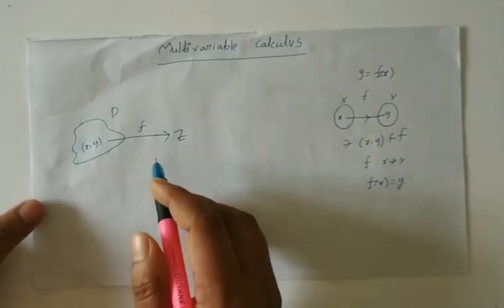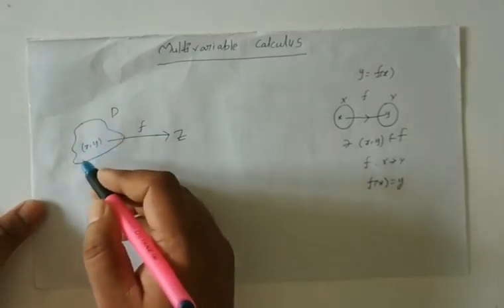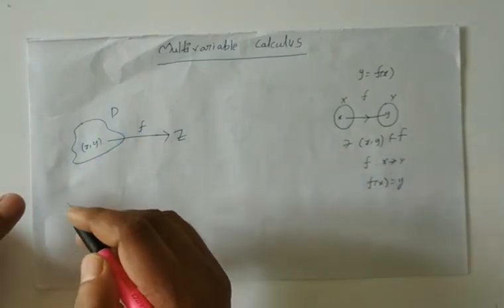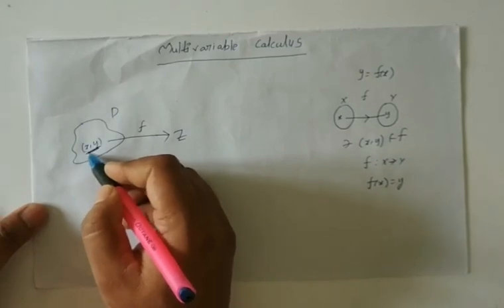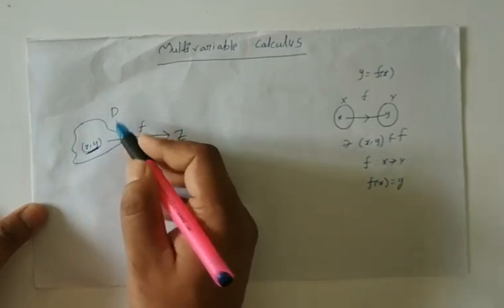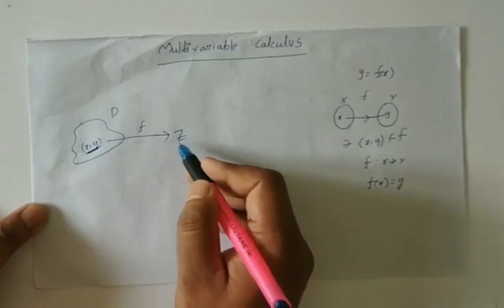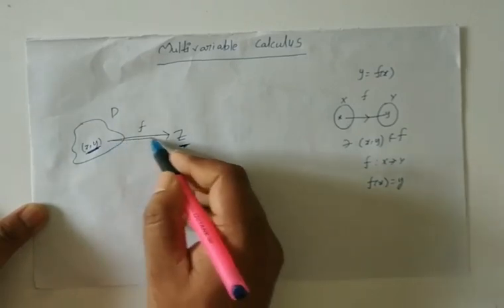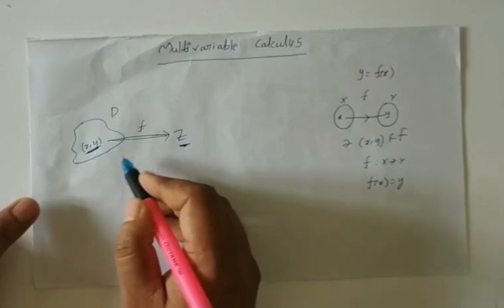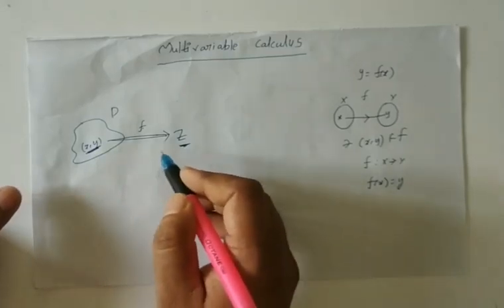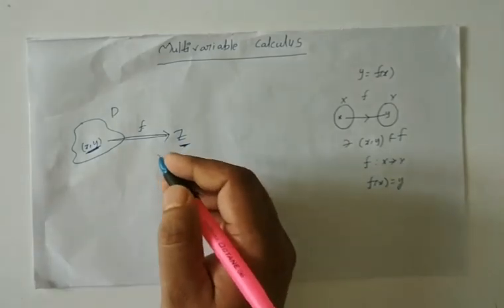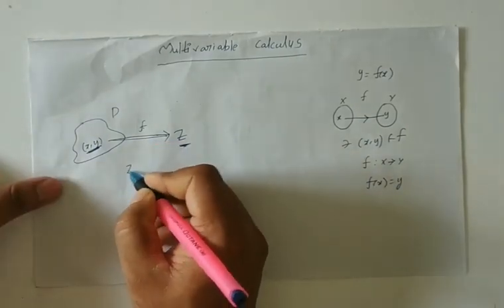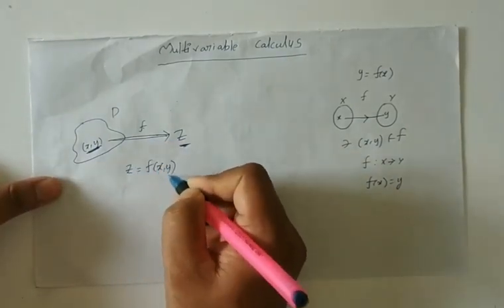Once again I will explain. Let us consider D any set which contains ordered pairs of real numbers. If to each ordered pair (x, y) which belongs to D, there corresponds a unique real number z, then that function f is called a function of x and y, or a function of two variables, which is denoted by z is equal to f of x comma y.